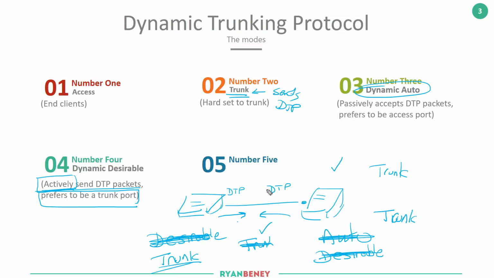So this is why I keep going back to understanding that clients do not send DTP, to ensure that you understand that trunks do send DTP. Dynamic auto only listens to DTP. Dynamic desirable actively sends DTP, because depending on the combination of these depends on your output. Do you actually obtain an access port or do you obtain a trunk port?